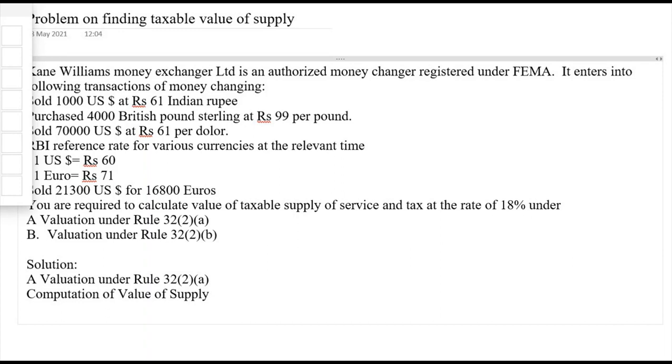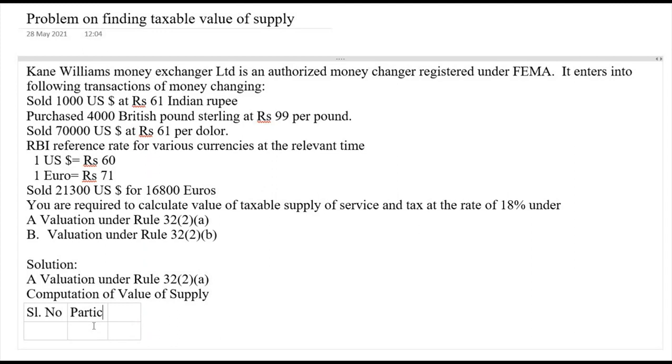So three columns let's take here: serial number, particulars, rupees. So number 1 here, sold 10,000 US dollars at rupees 61 per dollar.